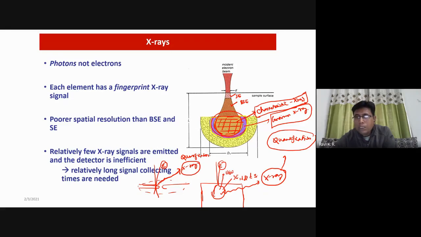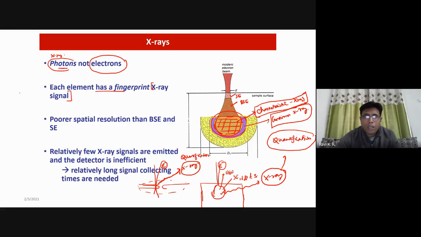From this region you are getting X-rays, and you are using this X-ray for analysis. What you are actually injecting is basically the electron, and what you get is a photon, which is actually X-ray. So each element has a fingerprint X-ray signal that we already know.